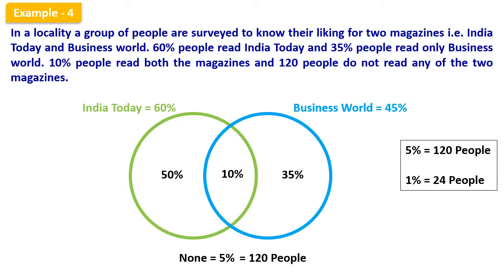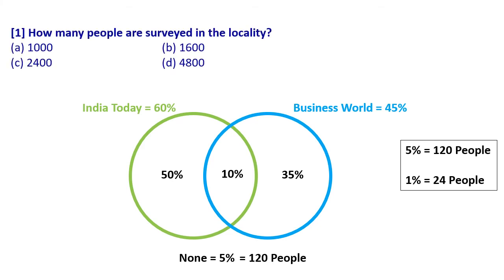Now once this Venn diagram is constructed, we can very well answer the question whatever is asked. The very first question, how many people are surveyed in the locality? 100%, and 100% means 2400. Option C is the right answer.